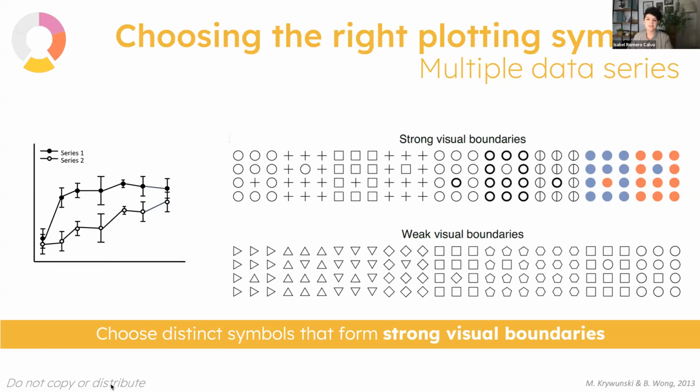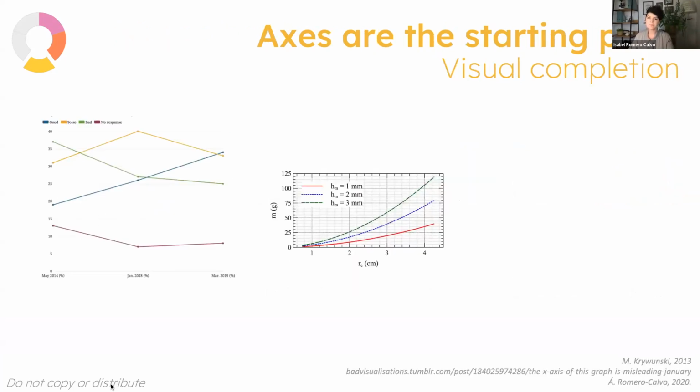At the bottom, we have examples of symbols that have weak visual boundaries. If we just want to use triangles, depending on the orientation of the triangle, we can separate different groups. Can we do it? Of course we can, but it will take us longer. So as I said at the very beginning, simplify, make things for the reader as simple as possible.